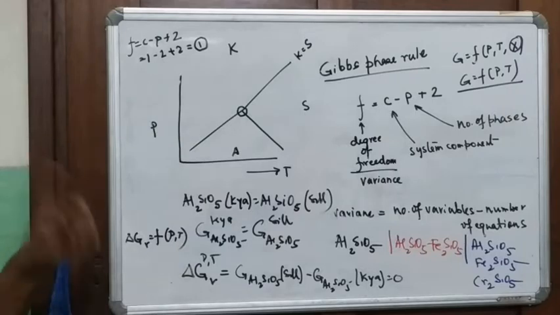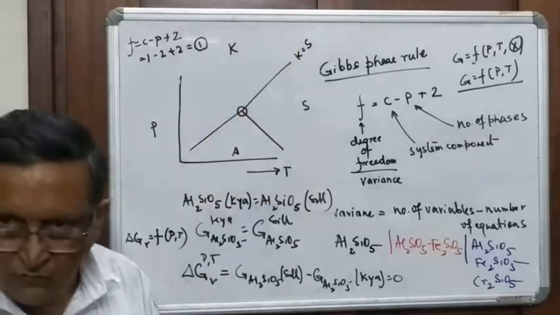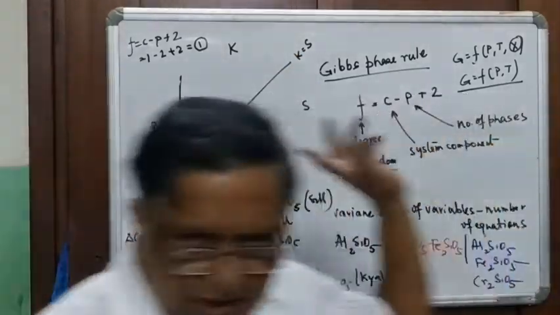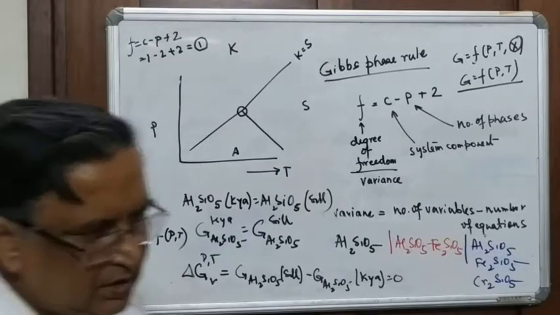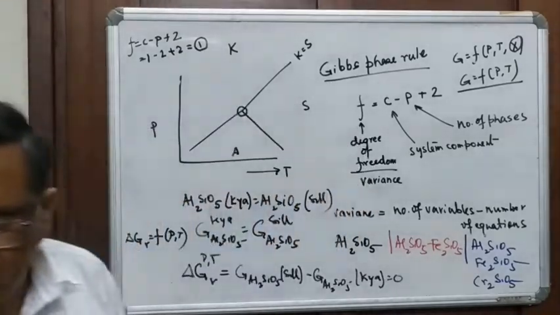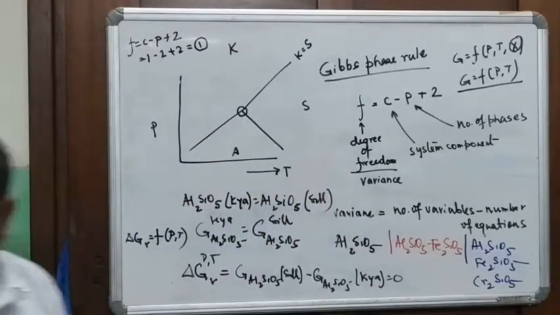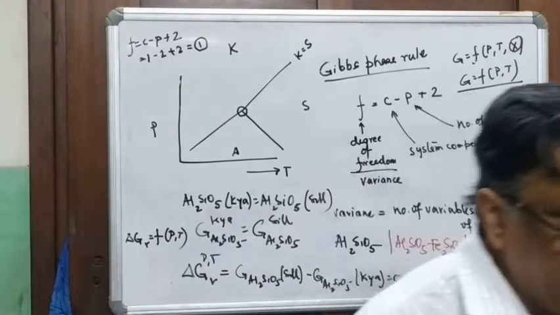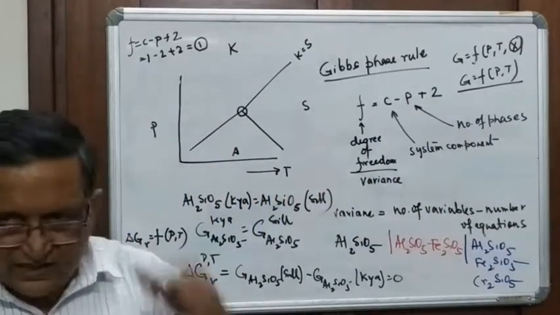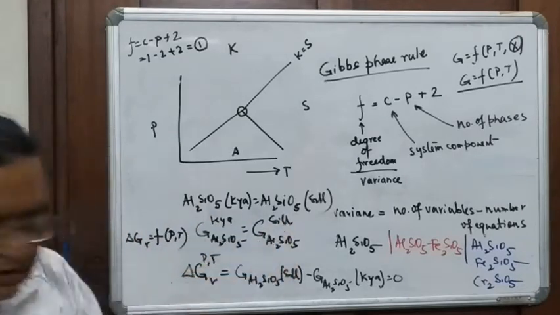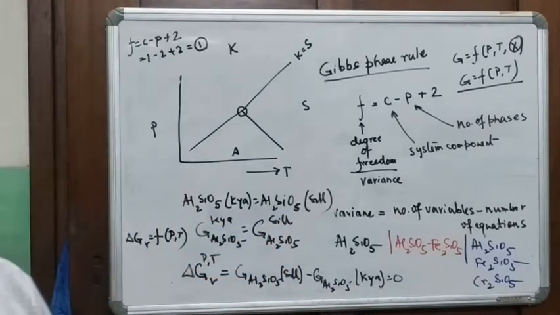If you know temperature, you will find out pressure, or vice versa. This phase diagram on the blackboard is telling you that you have one reaction, kyanite equals sillimanite, and one equation: delta Gr is a function of pressure and temperature.